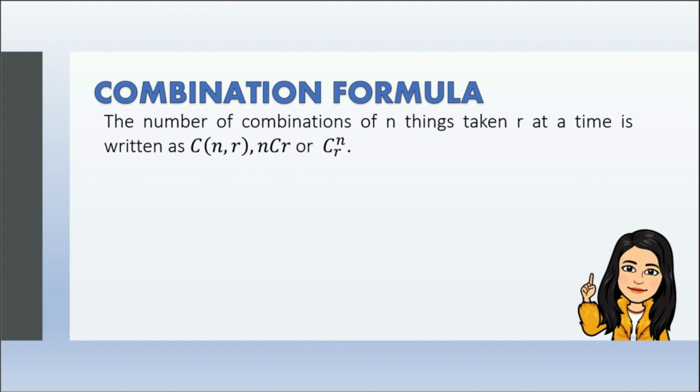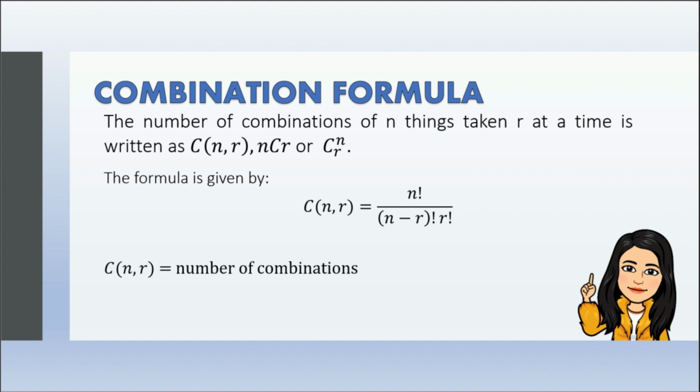We can use any of the three notations to represent combination: C with the quantity n and r, nCr, or C with a superscript n and a subscript r. The formula that we're going to use is the combination of n objects taken r at a time is equal to n factorial over the quantity n minus r factorial multiplied by r factorial.